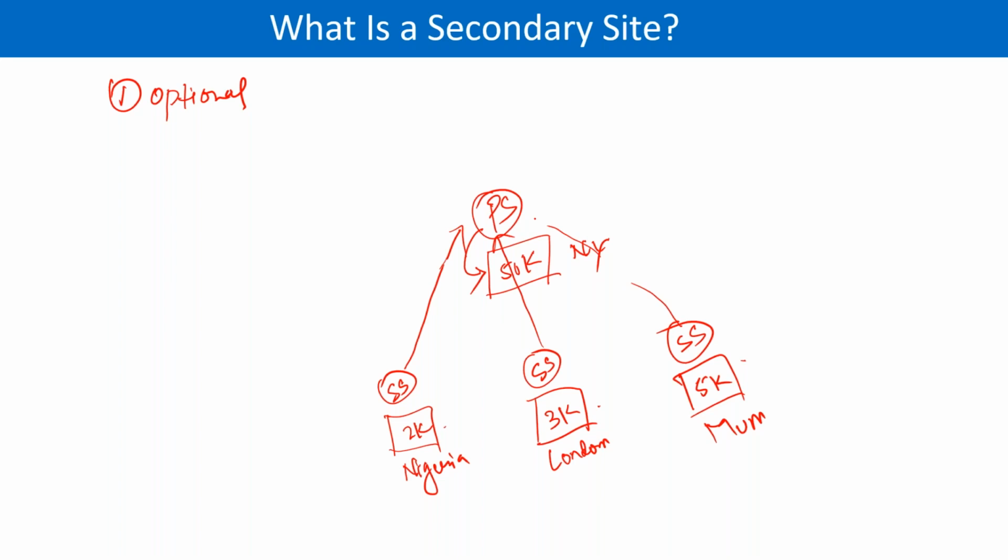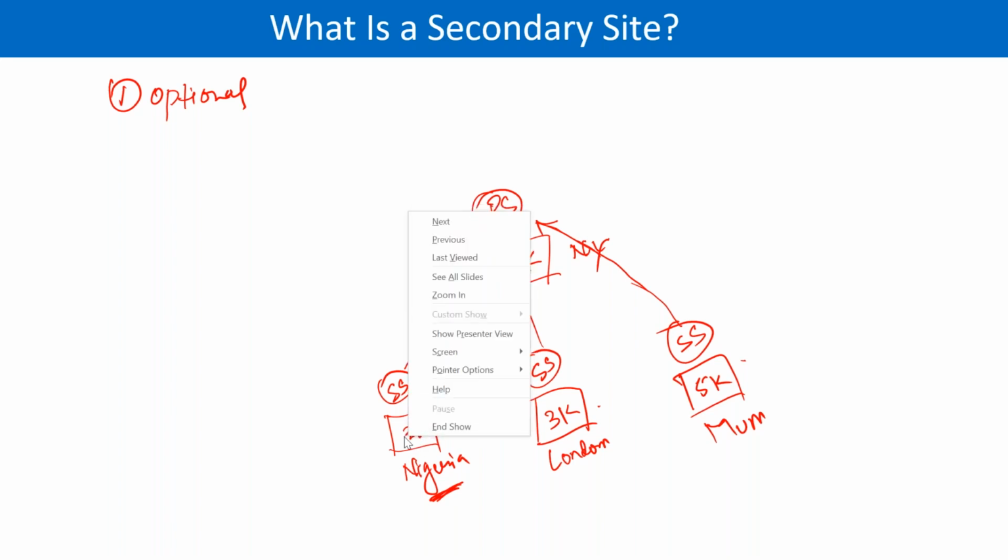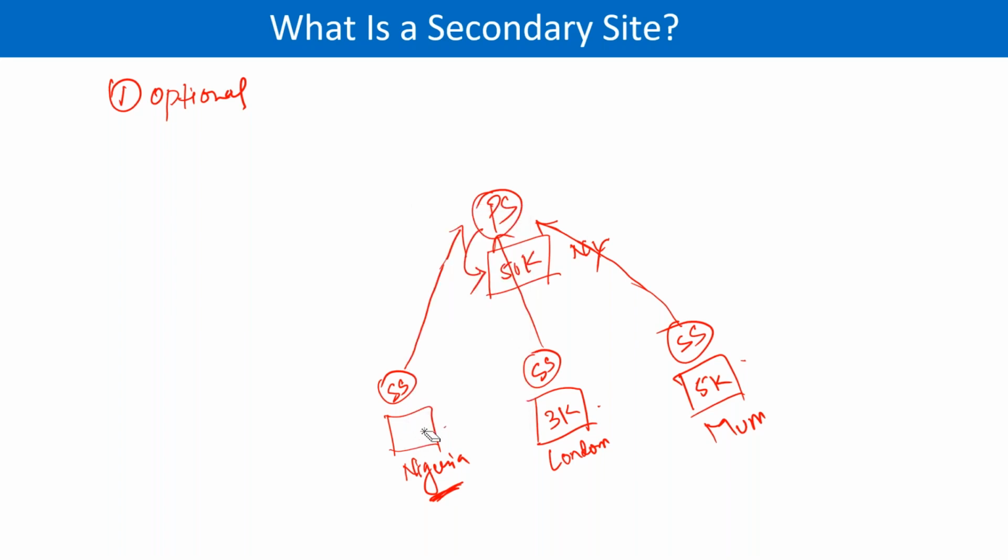Understood? What should be the minimum number of computers to have a secondary site server? The minimum is 500 computers in a remote location. If you have less than 500, for example in Nigeria you have 200 machines, then you don't need a secondary site.